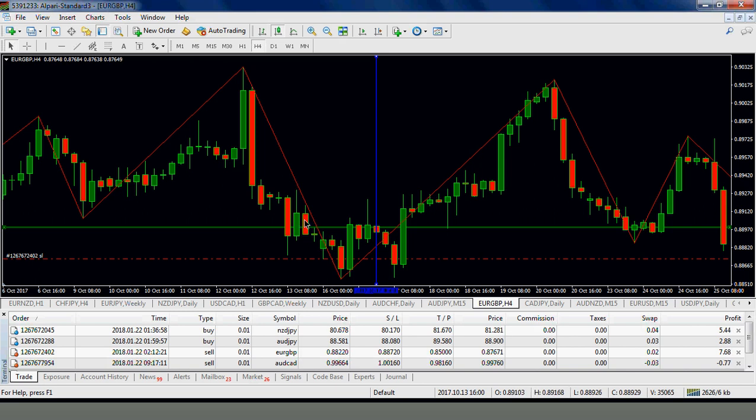So we will use this because the pivot is lying on the body of this candlestick. So let's get the pivot point of that. 0.8916 plus 0.8892 plus 0.8892.